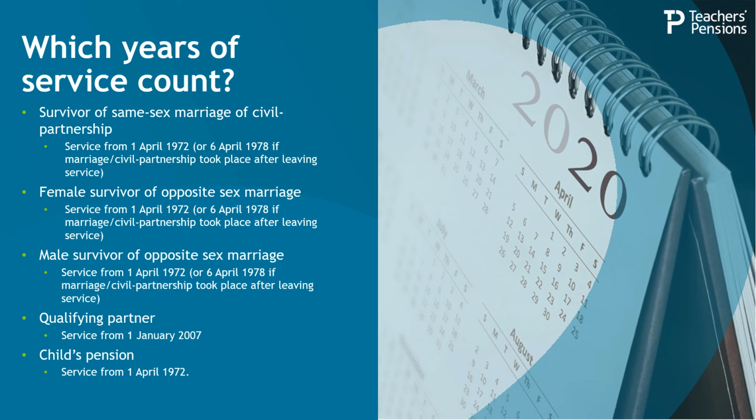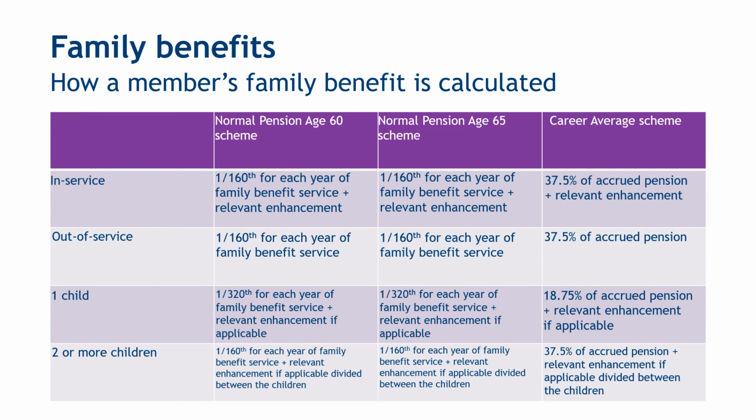For qualifying partners, their service from the 1st of January 2007 will be counted, and for children's pensions, service from the 1st of April 1972 will be counted. How a member's family benefit is calculated is dependent on the scheme the member is in, whether or not they were in service, out of service, they had one child or two or more children that are dependent. Feel free to pause this slide and read over the benefits for each category.